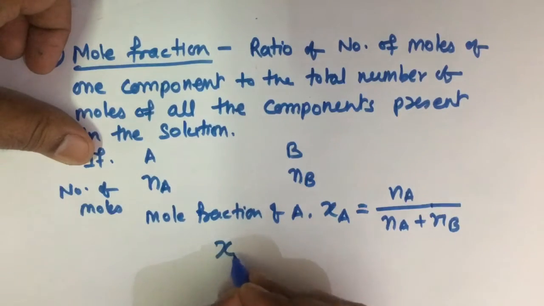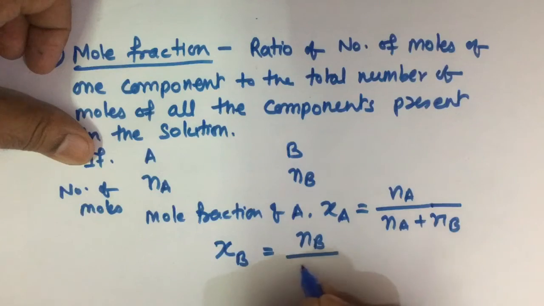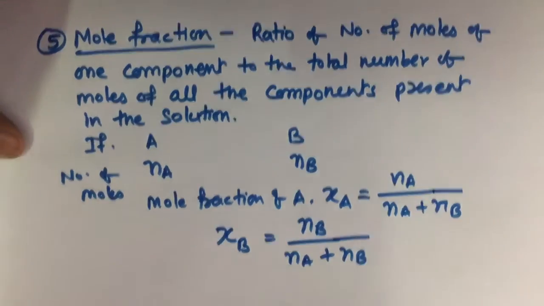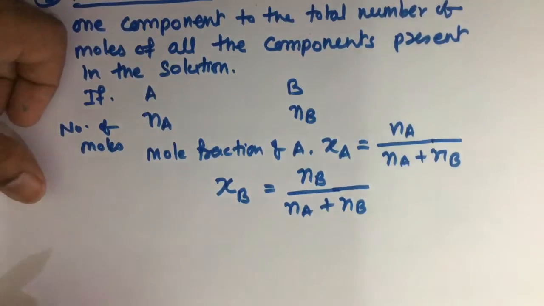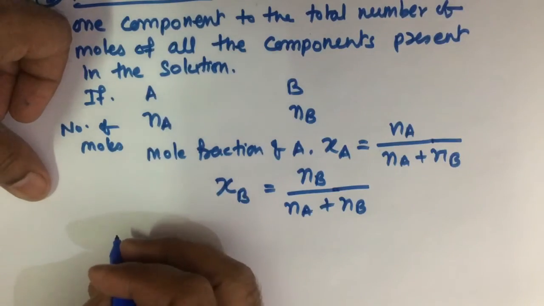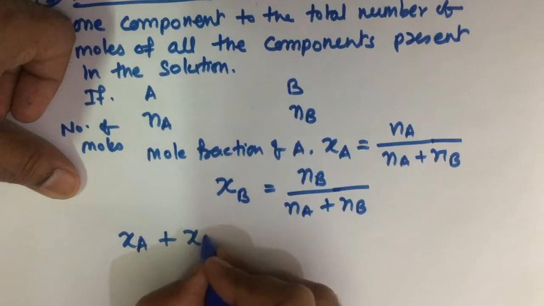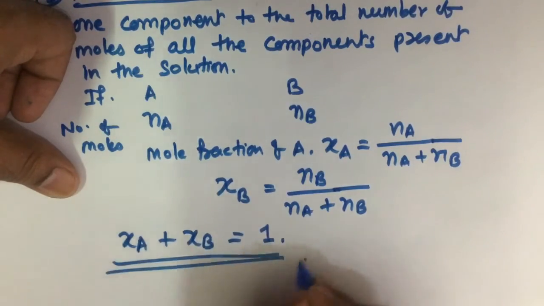Similarly, mole fraction of component B, Xb, is equal to Nb upon Na plus Nb. Now remember, total number of moles of all the components in the solution is always equal to 1. So Xa plus Xb will always equal 1.